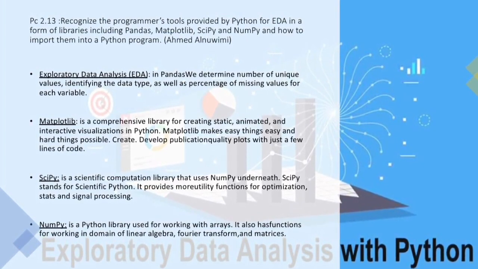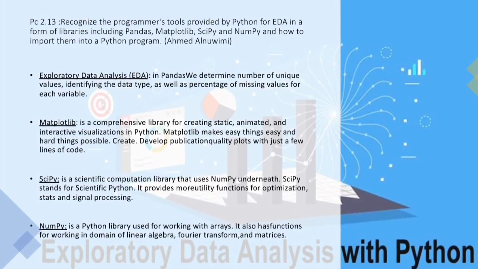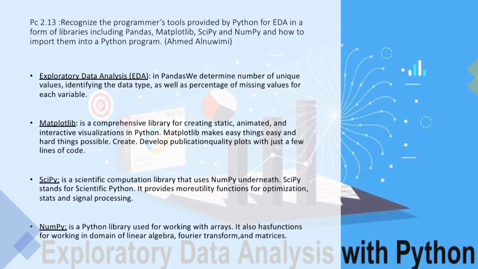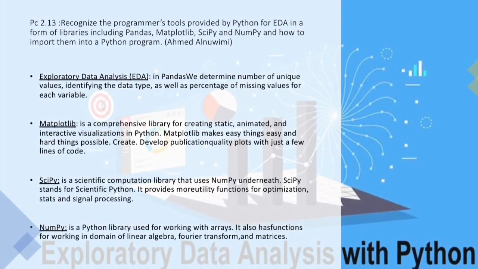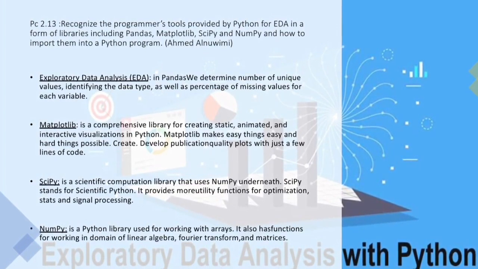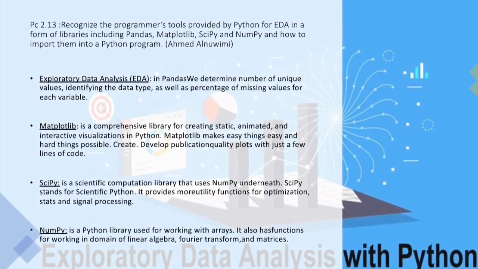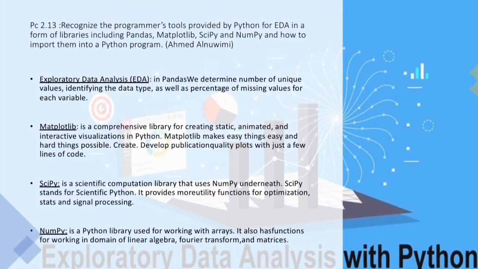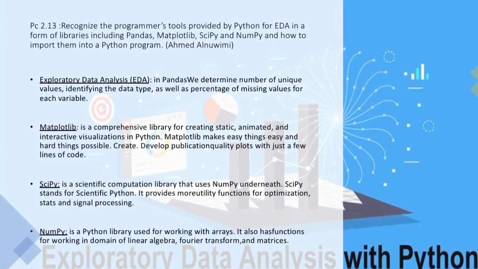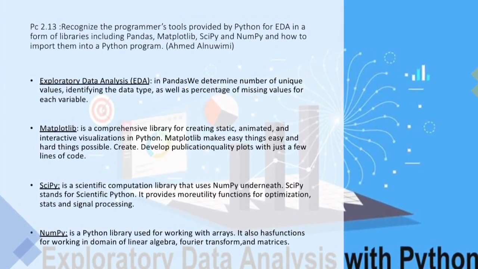SciPy stands for Scientific Python. It provides more utility functions for optimization, stats, and signal processing. NumPy is a Python library used for working with arrays. It also has functions for working in the domain of linear algebra.